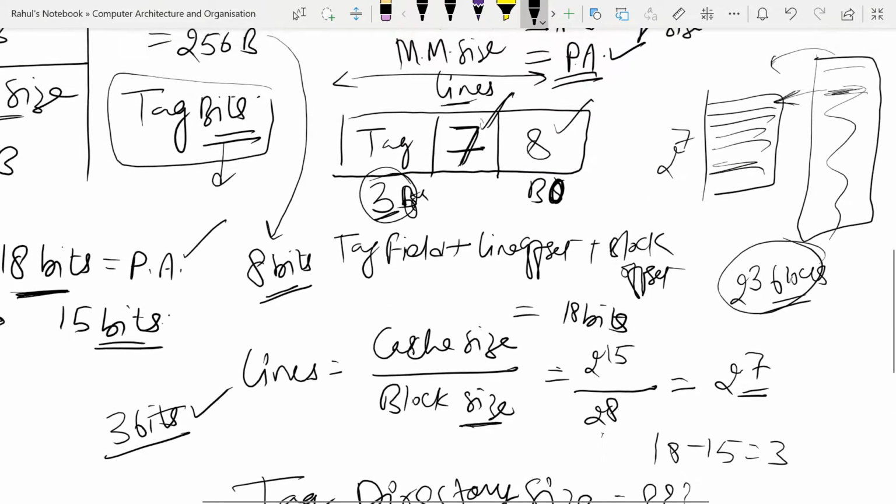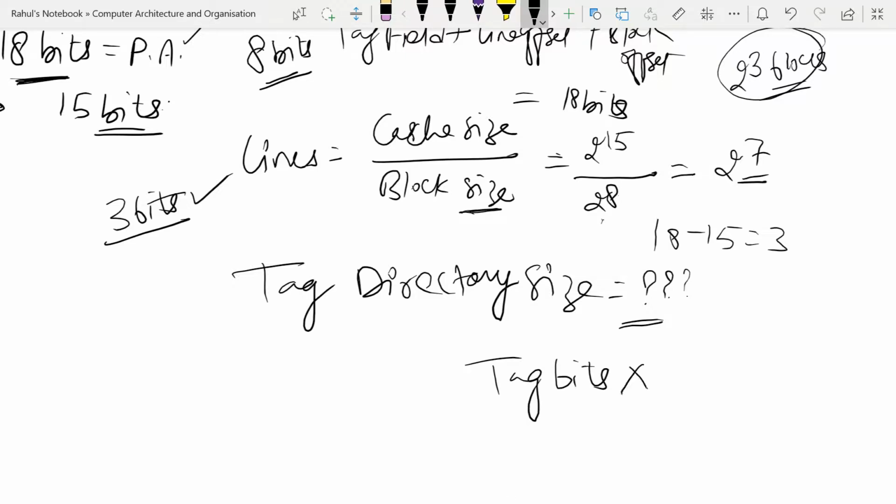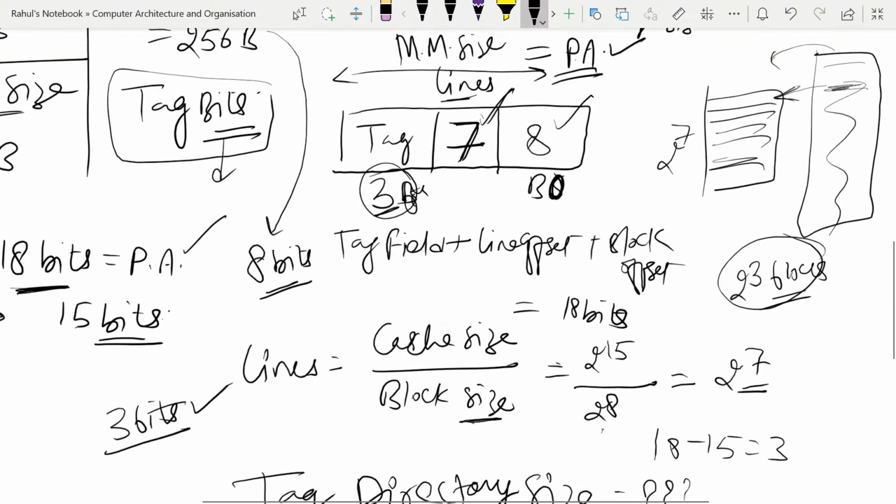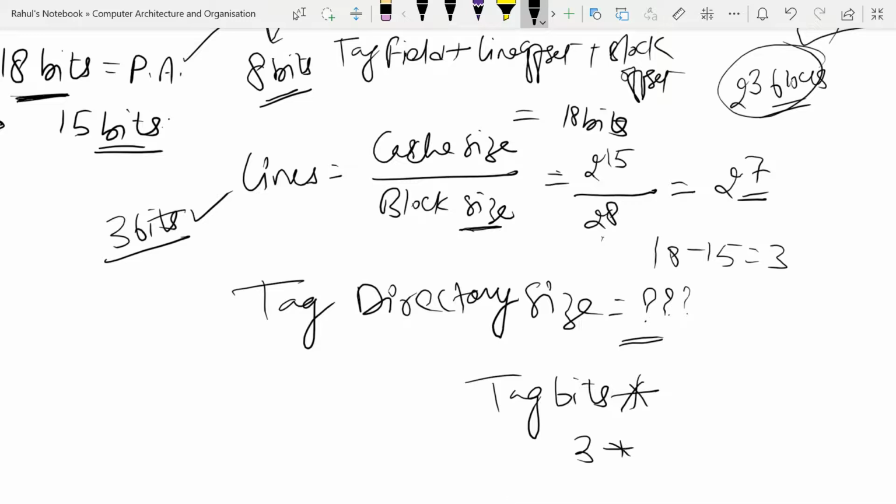Tag directory size is nothing but tag bits into the total number of lines.